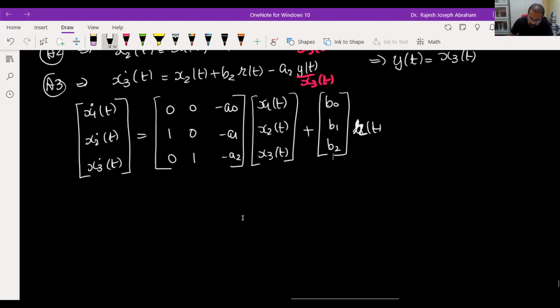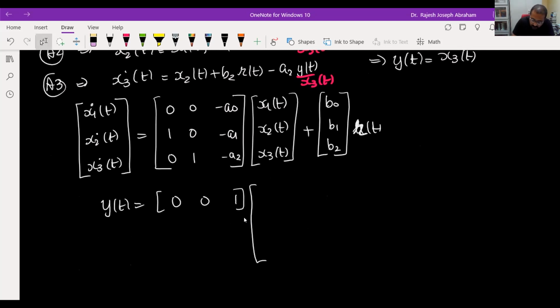Okay, and what is y here? y of t will be 0, 0, 1 into x1 t, x2 t, x3 t. So this is what is called observable canonical form. In parallel I will write the controllable canonical form also, just for reference.